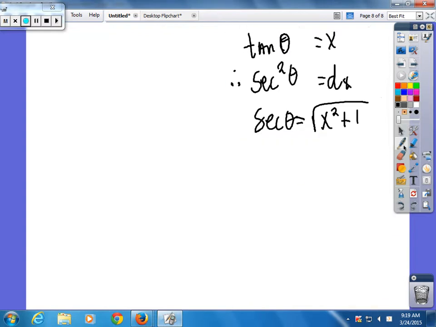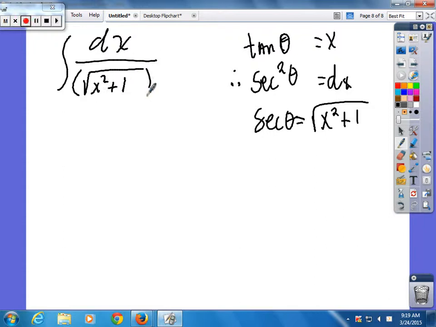The problem is the antiderivative of dx over the square root of x squared plus 1 to the third power. So that's going to give us dx is what?